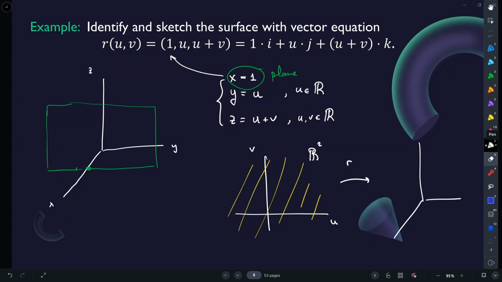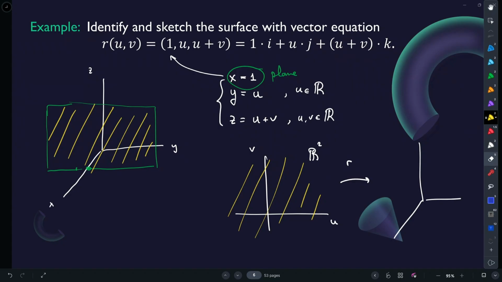Just set u equal to 0, then as v runs over all the possible numbers, I actually get all the possible z values also. So with this parameterization, I am parameterizing the entire plane x equals 1.